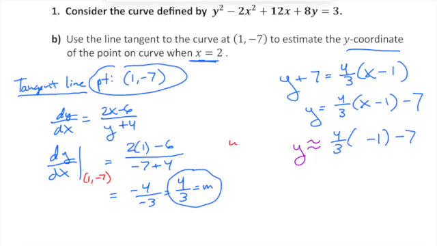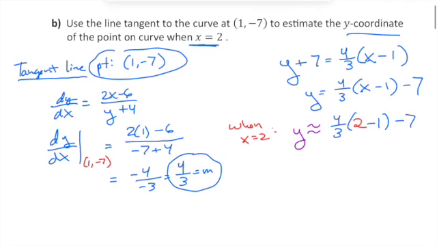So when x is 2, substitute 2 into that line for x, and you really don't even have to simplify. You could leave your whole answer like that if you're in a rush, since time is of the essence on the AP exam. But for completeness here, 2 minus 1 is 1, 1 times 4/3 is 4/3, 4/3 minus 7.